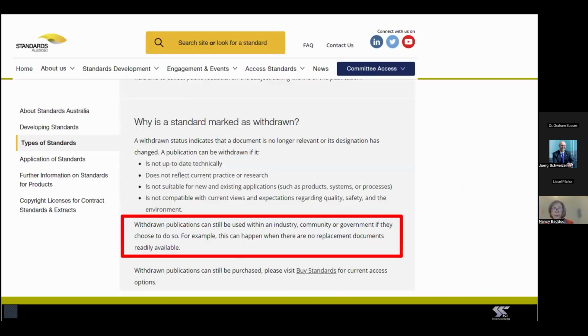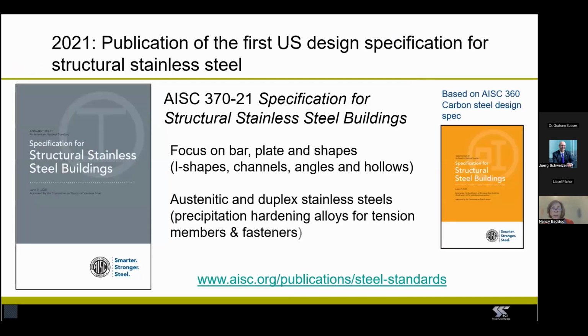And the other thing I wanted to say is that despite its being withdrawn, specifiers can apparently still refer to it. And until something else becomes available, I guess it will be used, unless standards such as the American Institute of Steel Construction standard are preferred.